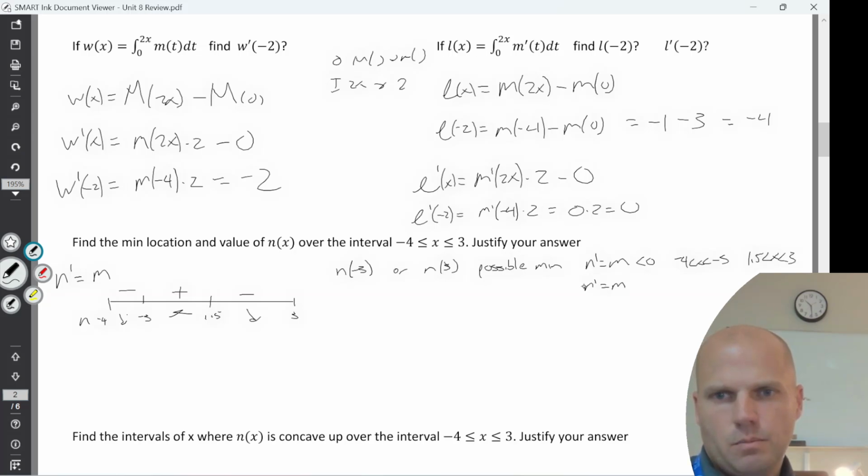N prime, which equals m, is greater than 0 from -3 to 1.5. It's very, very important if you want to get full credit on justifications to write this down, or you just don't get credit. You have to really explain why these are our possible mins. This justifies why those are our possible mins, but they don't accept this as work. So it's up to you to do the work, show the work.